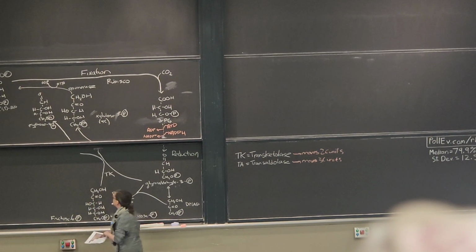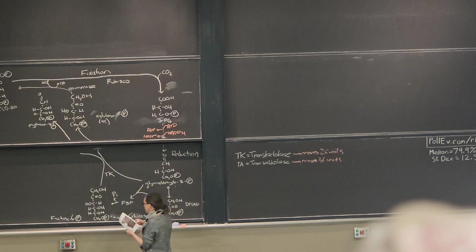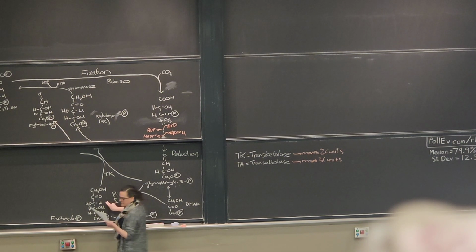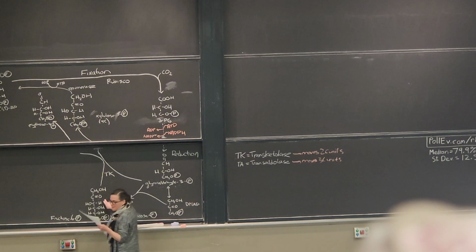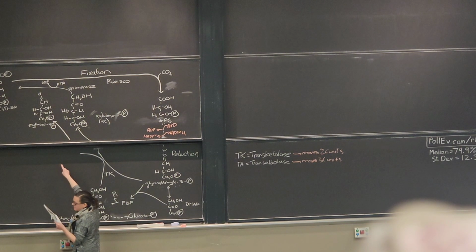Okay, so where are we now? What we're going to do now is we're going to start with the remaining fructose 6-phosphate here. And this is, again, our ketose. Okay, so if this is the ketose, that means it is the carbon donor. And now we're going to do a swapping reaction, and we're going to swap these carbons with carbons on erythrose 4-phosphate.